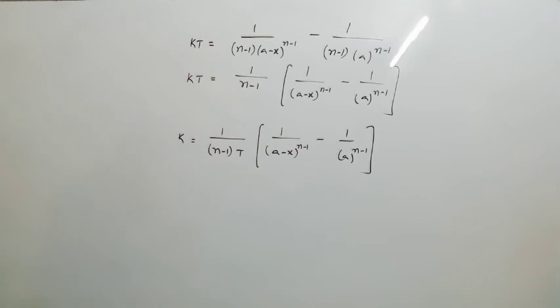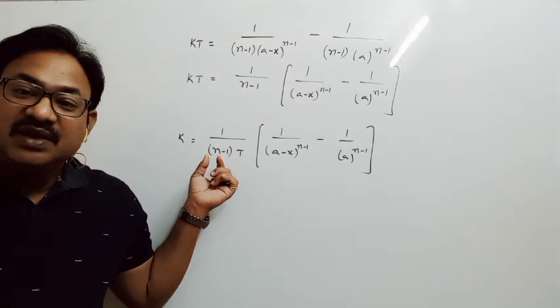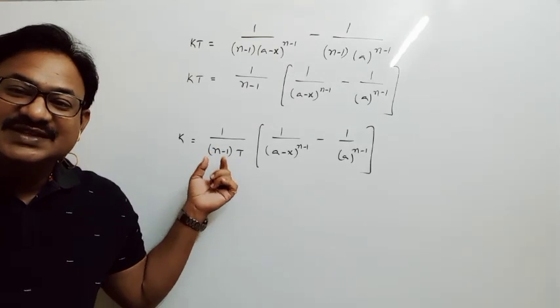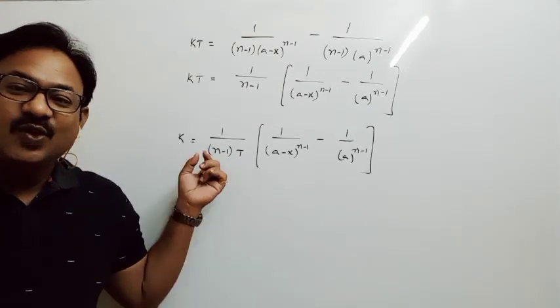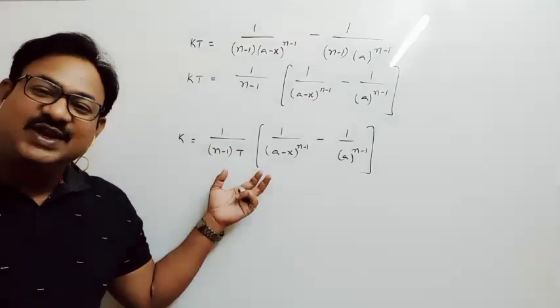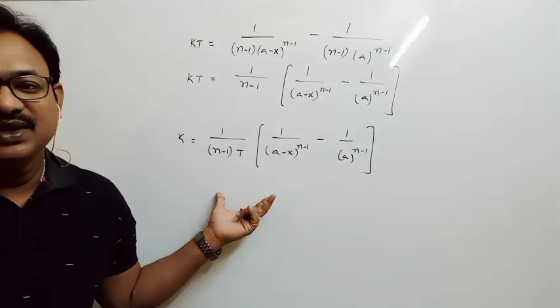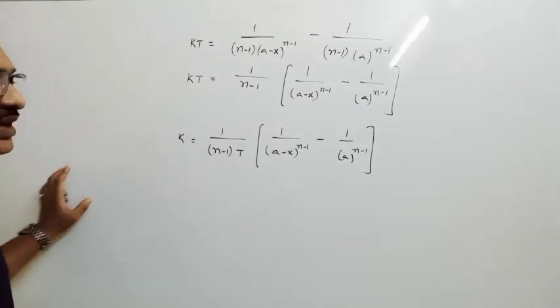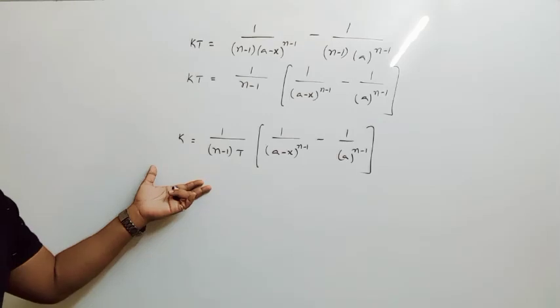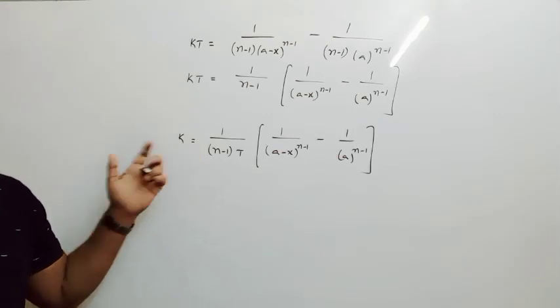If you put n as 0, you will get the zeroth order equation; putting 1 gives the first order; putting 2 gives the second order; putting 3 gives the third order. So like that you can derive all in one expression. Okay? So that's it. It's about the integrated rate law expression for nth order reaction.